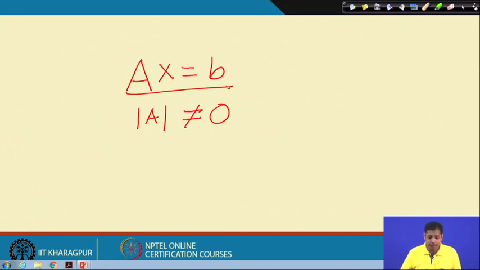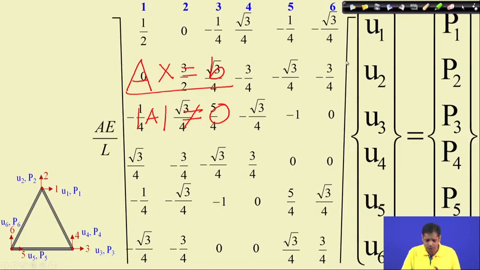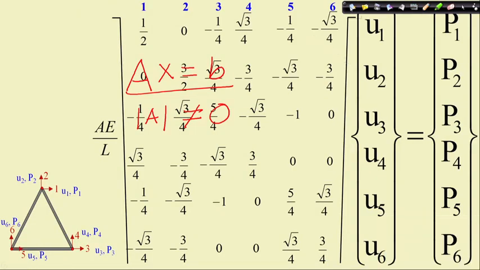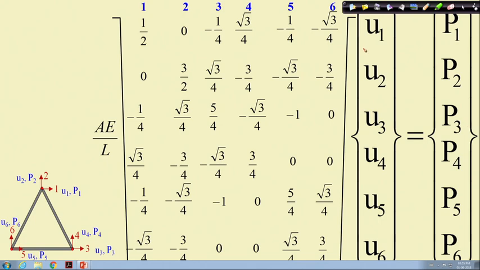Now, let us try to understand. If we take a system like this, here also we are doing essentially the same thing. We are solving Ax = B, where A is the stiffness matrix, B is the load vector, and x is the unknown displacement field.